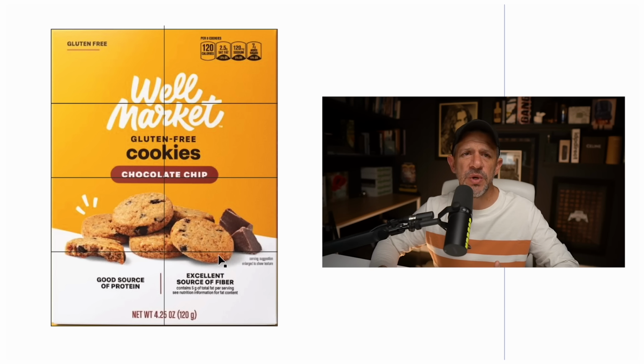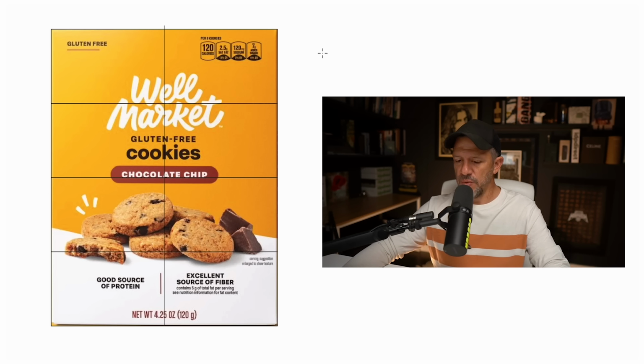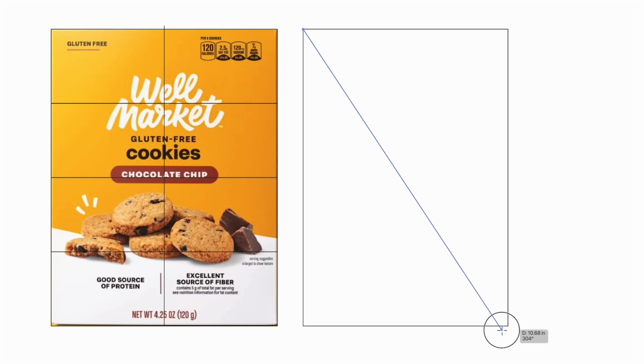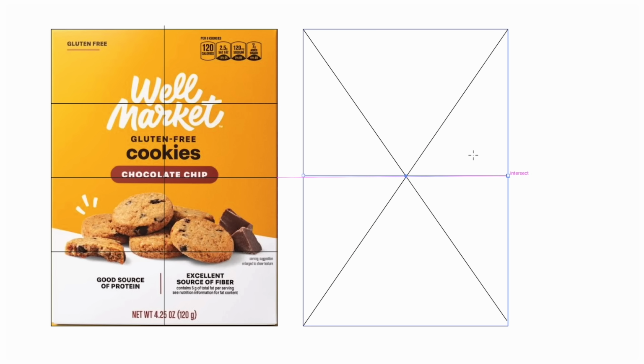Now, there's an old-fashioned way to create this kind of grid, and you had to do some dynamic lines, which is similar to this, where you went from corner to corner, and everywhere that the lines intersected, that's where critical components went. And then you just kept splitting this thing up over and over again.